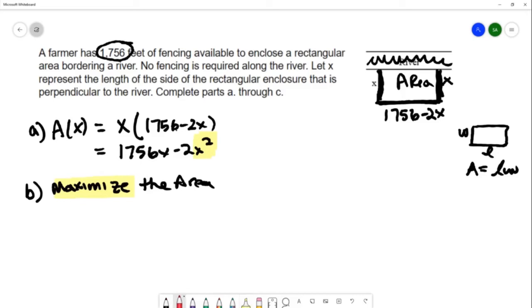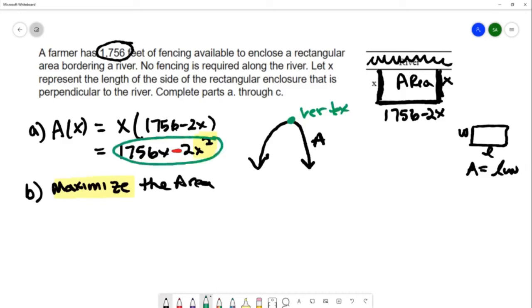A quadratic function with a negative leading coefficient will have a graph that's a parabola facing down. And so this is our area, and that maximum area will occur at the vertex. So we can answer this question about maximizing the area if we find the vertex of our quadratic.